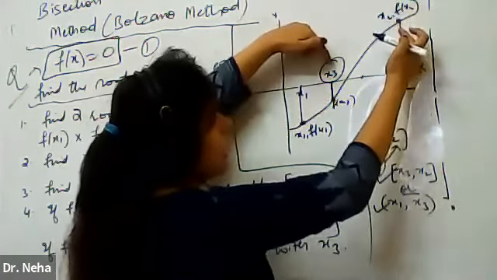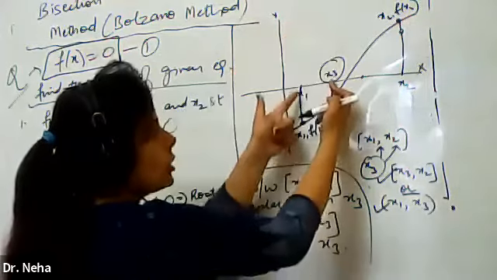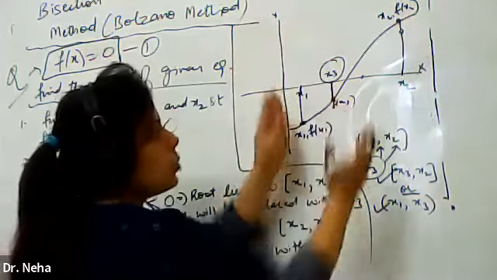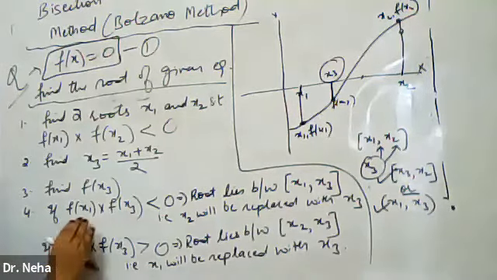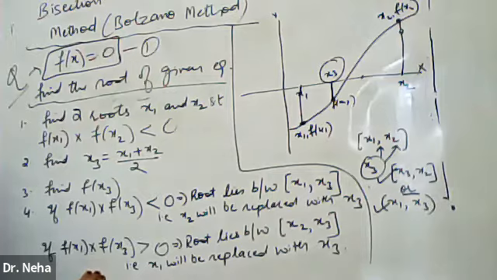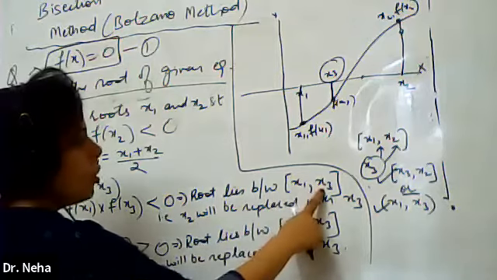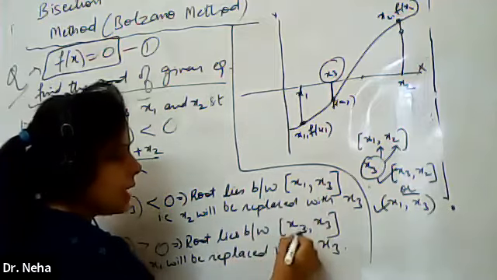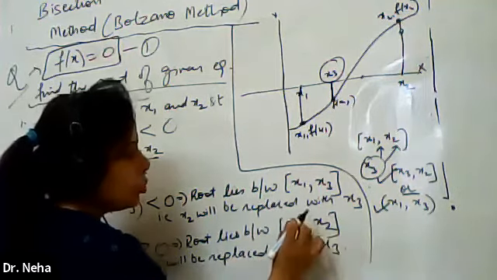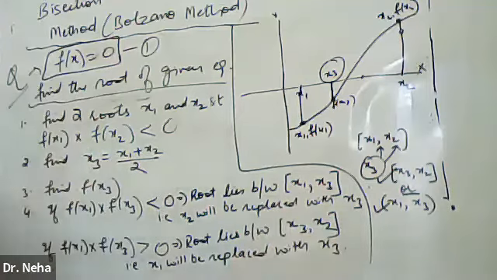That means in this case, x3 will replace x1, because both cannot lie on the same side. They should be on opposite sides. So by using this condition, you have to find the new search interval. It will be x3 and x2, because x3 replaces x1, so x2 remains the same.